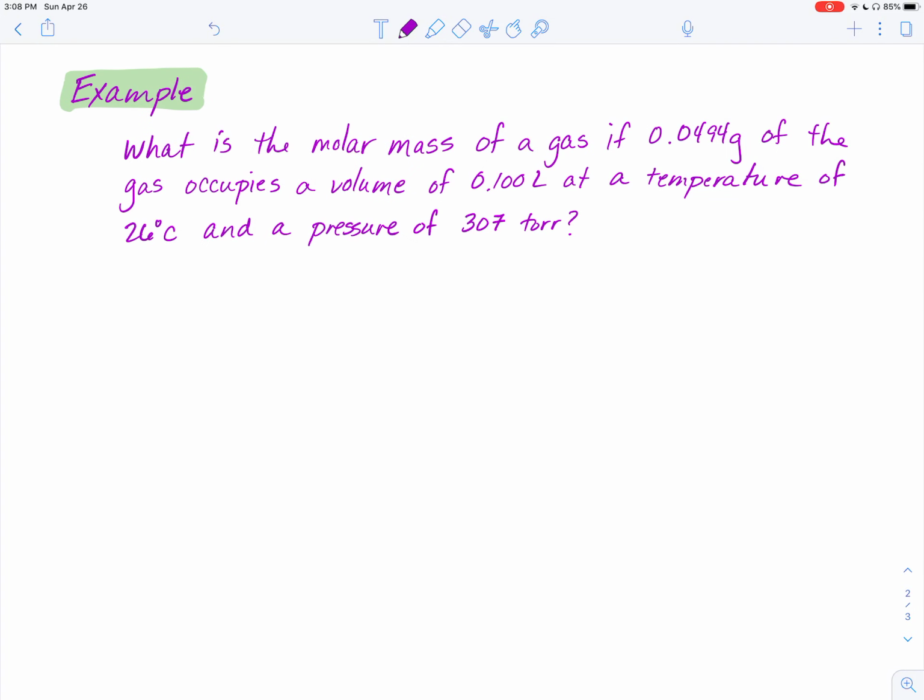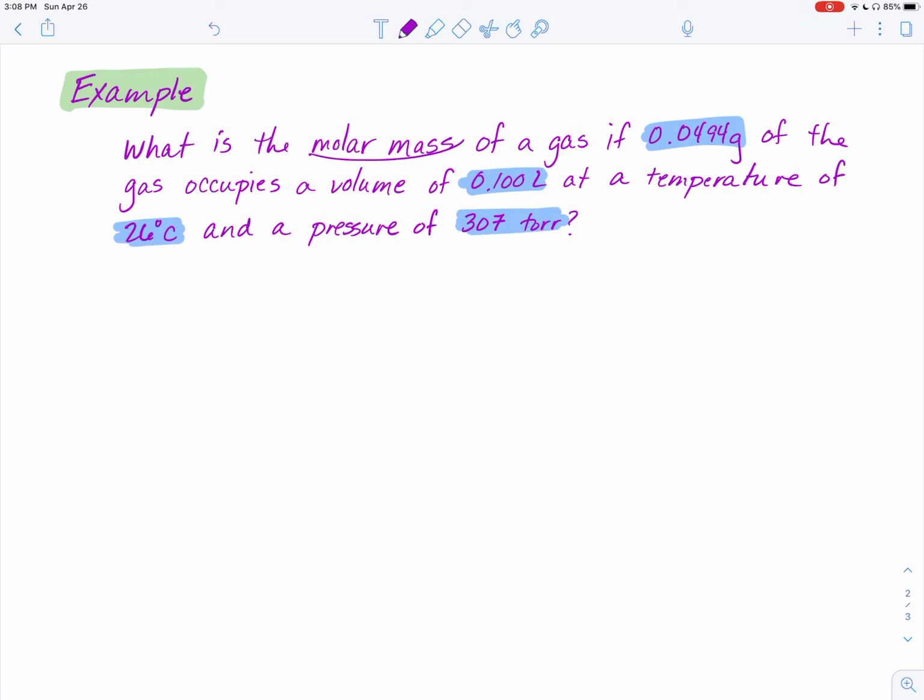This example says, what is the molar mass of a gas if 0.0494 grams of the gas occupies a volume of 0.100 liters at a temperature of 26 degrees C and a pressure of 307 torr.